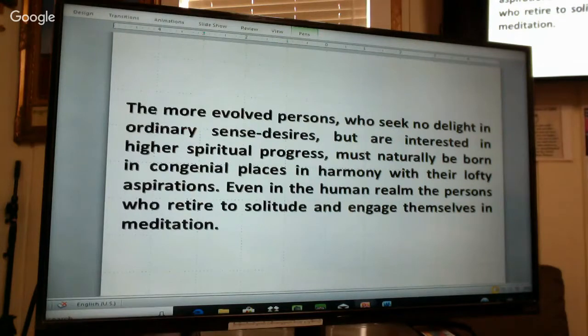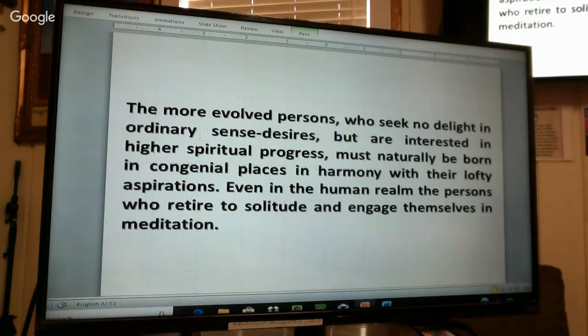So that person who seeks no delight in ordinary sense desire, but is interested in higher spiritual progress, naturally is of very high intellect. They have a very high aspiration to upgrade their mind, to be free from the influence of the senses. That's their aim.